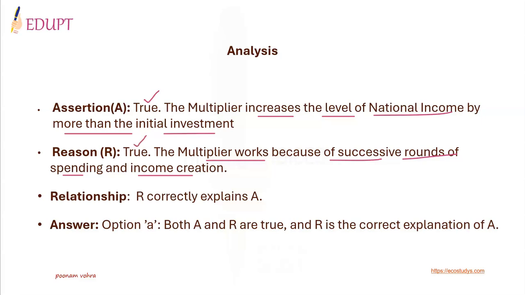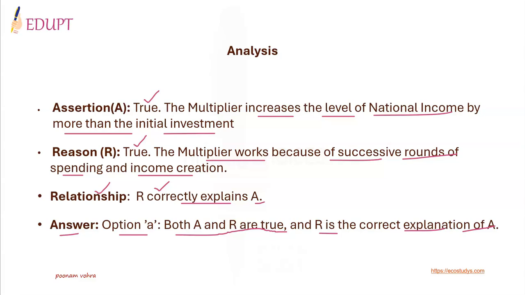This is also true. How do we say it is true? For this, you need to understand the entire multiplier process. So, based on assertion and reasoning statements, one can identify the relationship that reason correctly explains assertion. So the answer would be option A, that is both assertion and reasoning are true and reasoning is the correct explanation of assertion.